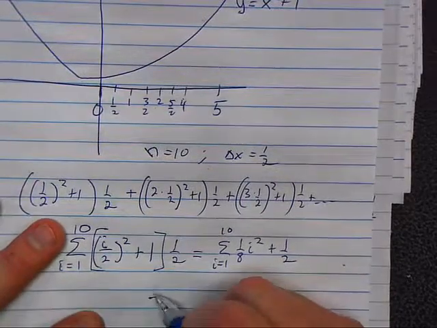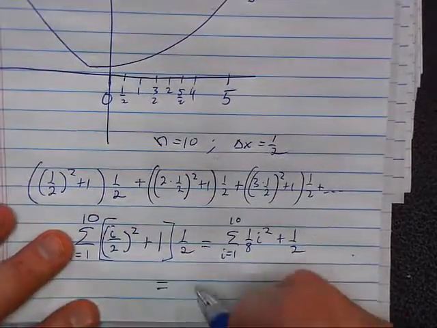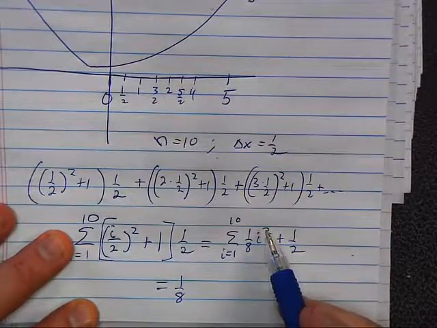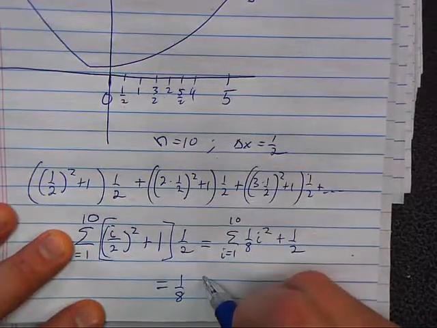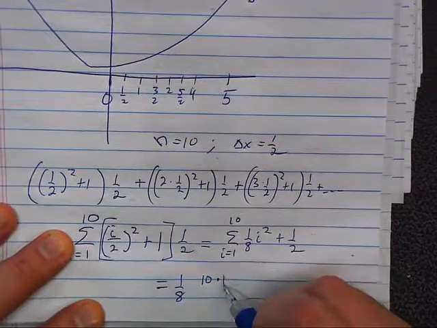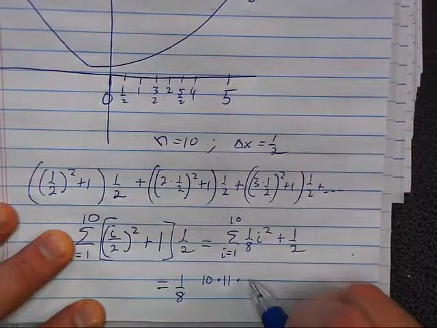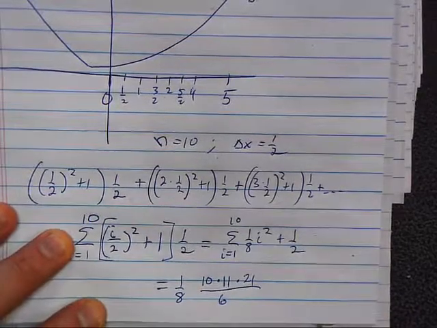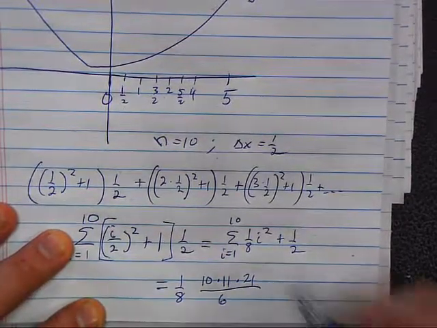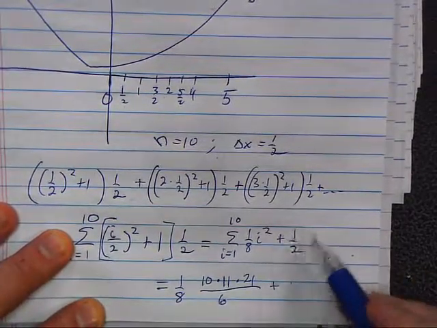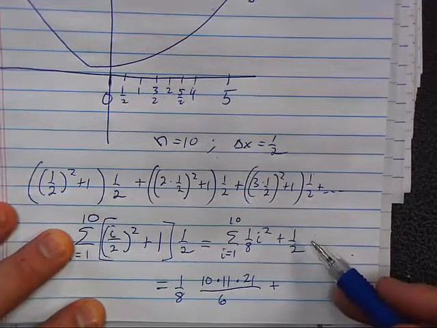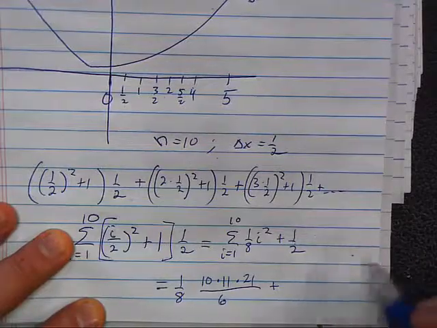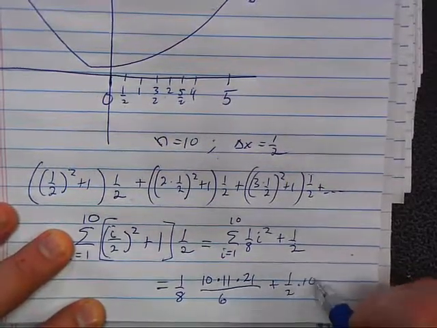Now we can go directly to our formulas. This is 1/8. We use the i squared formula: n times n plus 1 times 2n plus 1 over 6. Plus, this one's going to be a half plus a half plus a half, 10 times. What's that? 5. 1/2 times 10, which is just 5.